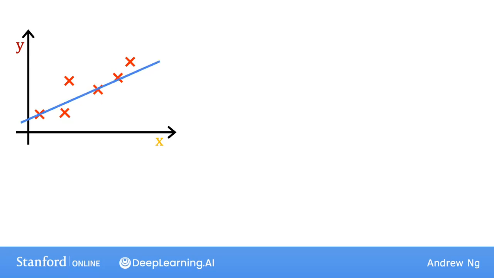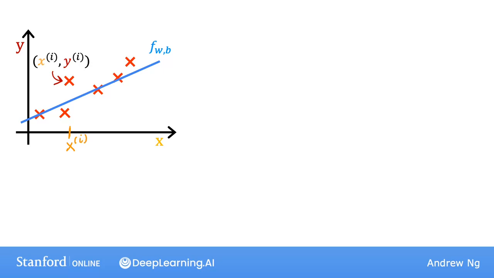And when I say that the line fits the data, visually you can think of this to mean that the line defined by f is roughly passing through or somewhat close to the training examples as compared to other possible lines that are not as close to these points. And just to remind you of some notation, a training example like this point here is defined by x superscript i, y superscript i, where y is the target.